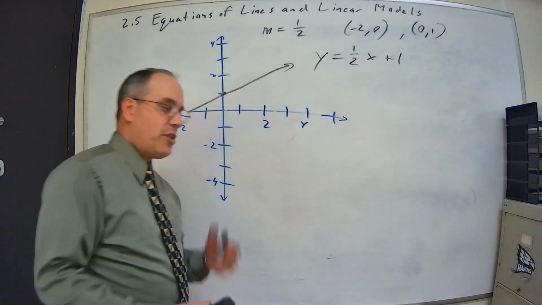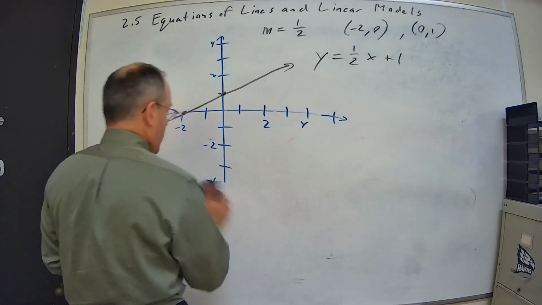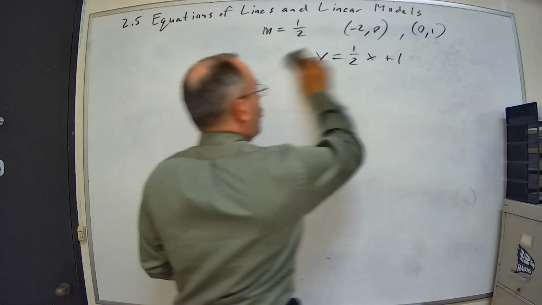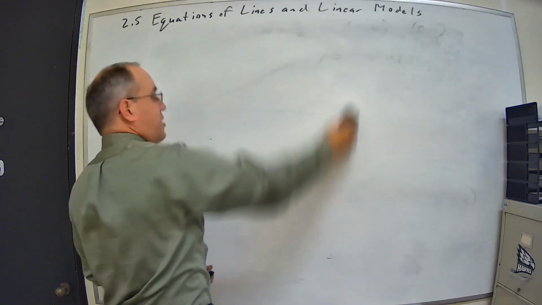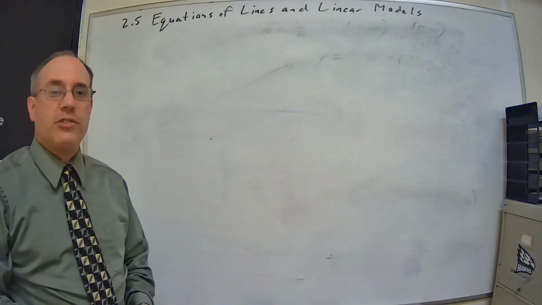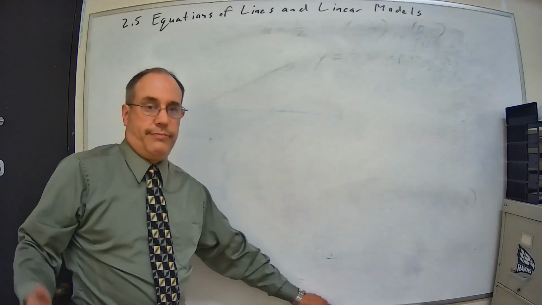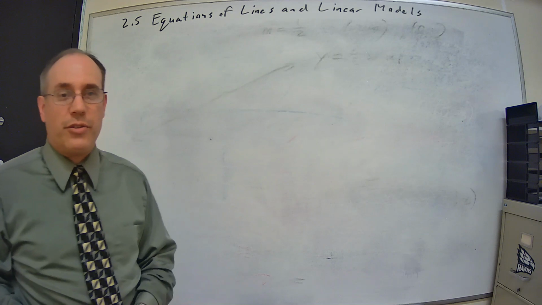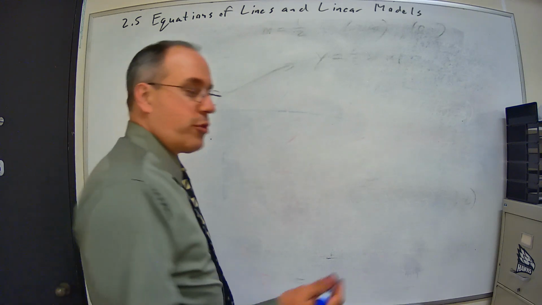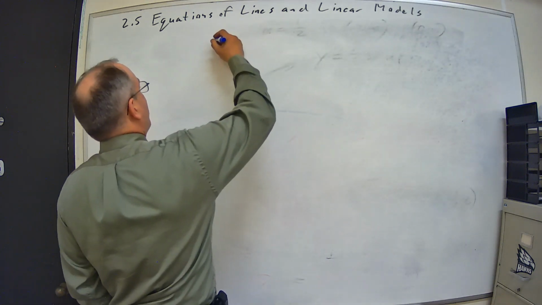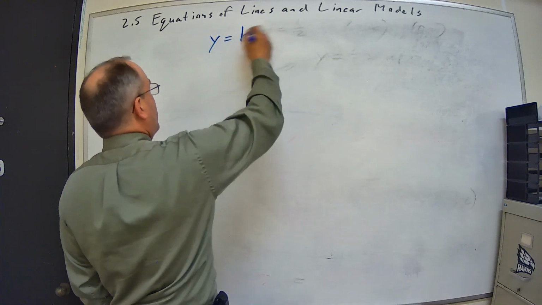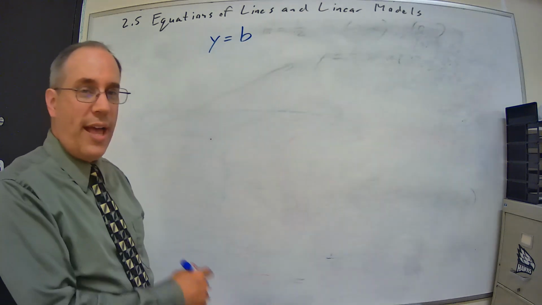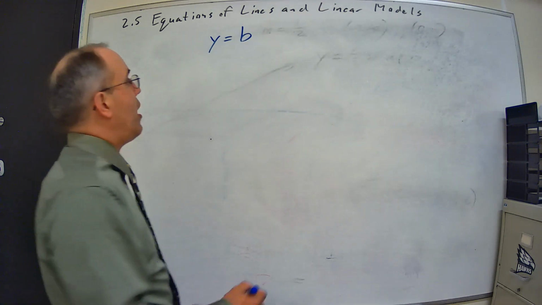Now, as we talked about before, we may have horizontal lines and vertical lines. Horizontal lines have a slope of 0, and vertical lines have a slope of undefined, right? It's some value divided by 0, so it's undefined. But if we're dealing with the equations, if we have y equal to b, so y equal to some value, no matter what x value we put in, we're going to get the same y.